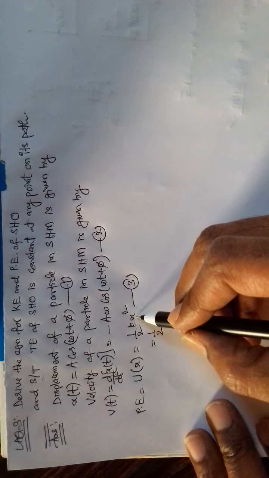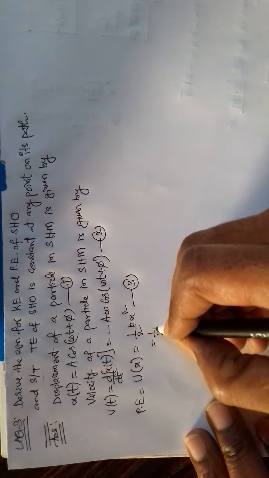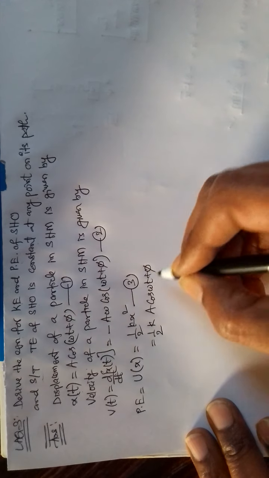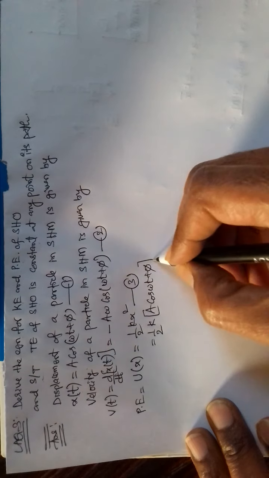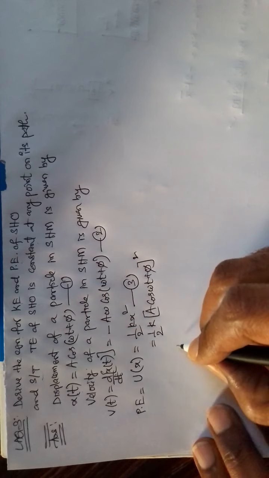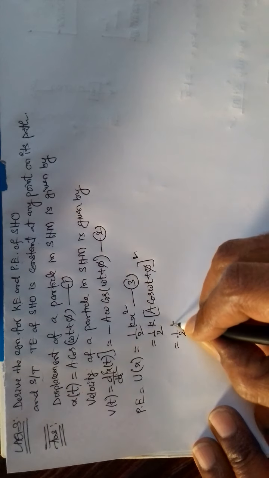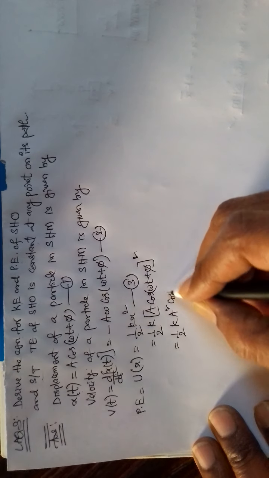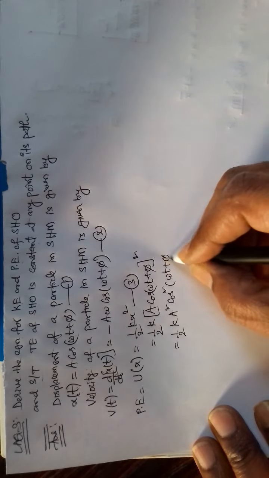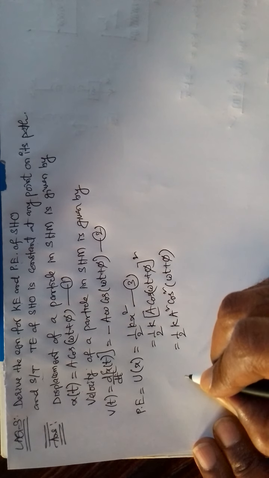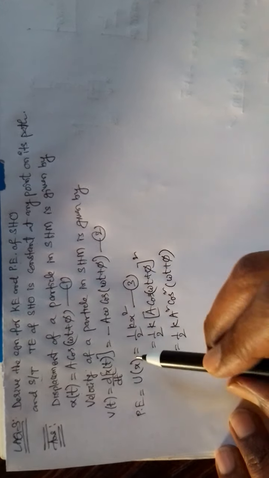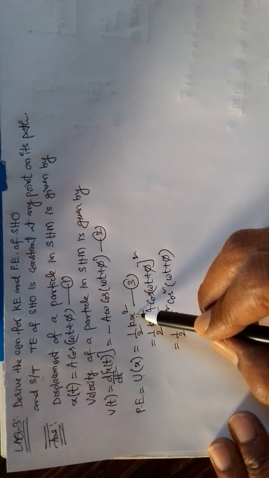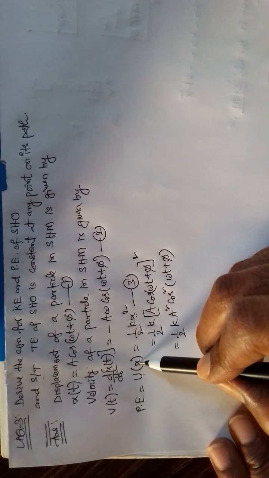In place of x, if we substitute this value, we have, see, when you say U is equal to 1 by 2 kx square, this is a function of x, therefore we wrote x here.